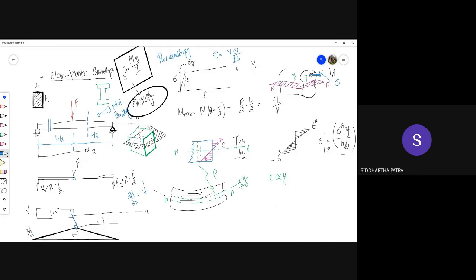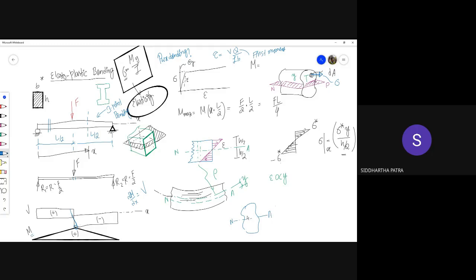So Q is the first moment. What is Q? Let's say you have a cross section, and let's say this is your neutral axis.